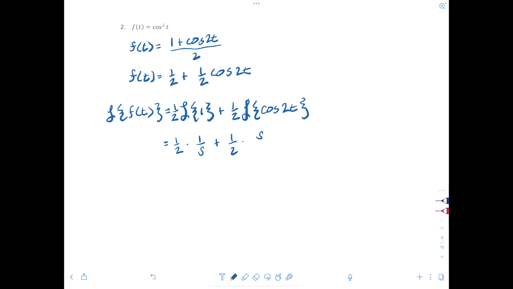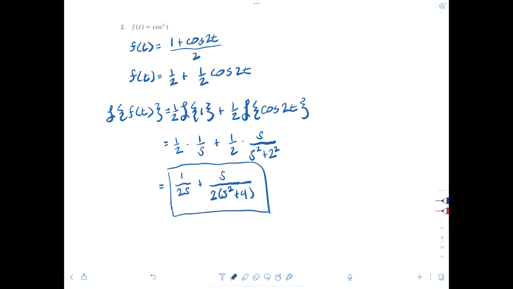So we'll have s over s squared plus 2 squared. So then that gives us 1 over 2s plus s over 2 times (s squared plus 4). And we're all set. And I think that's it.